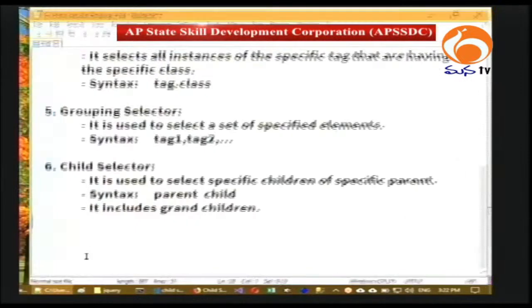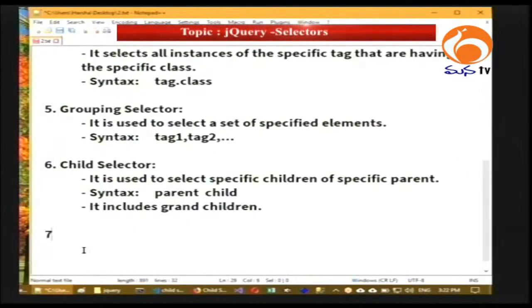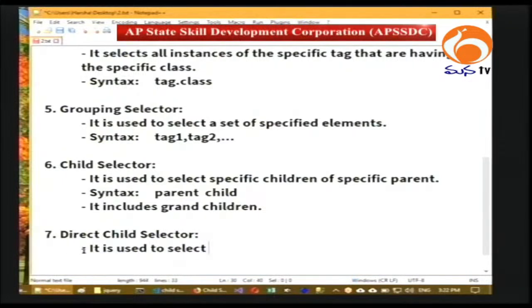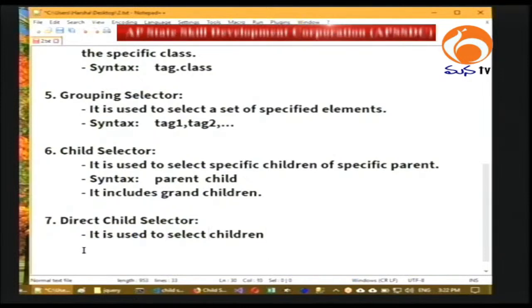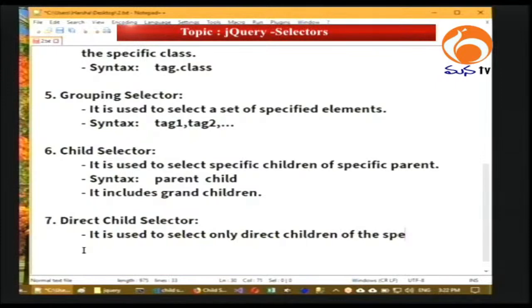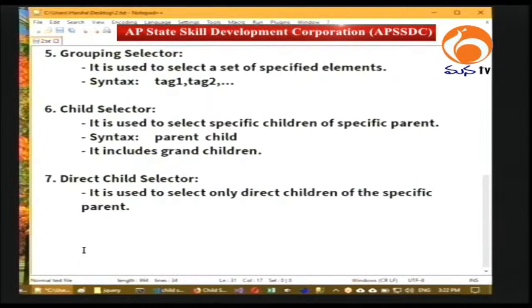The next one, direct child selector. It is used to select only direct children of the specific parent. It will go to the particular parent, only the direct children will be selected, but not the grandchildren.